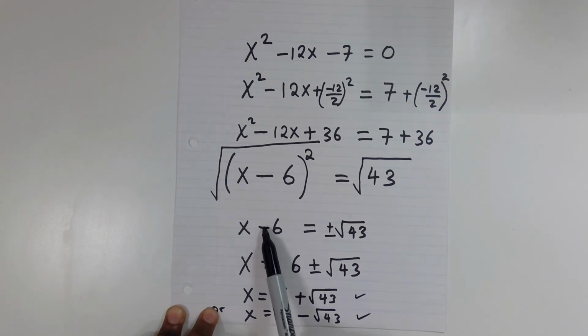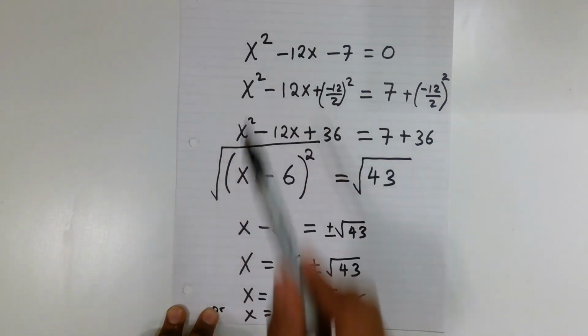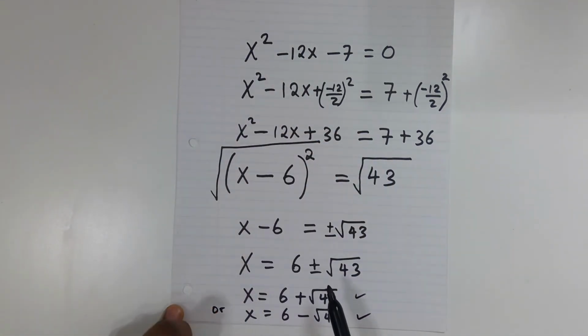Remember the sign, if it's negative it becomes positive, so that will be 6 plus or minus square root of 43. So this quadratic equation will have two solutions. One will be 6 plus, that is when the square root of the term is positive, and then when it is negative, you subtract.